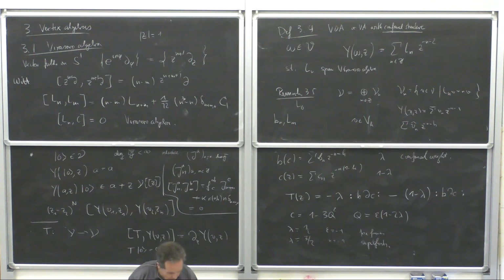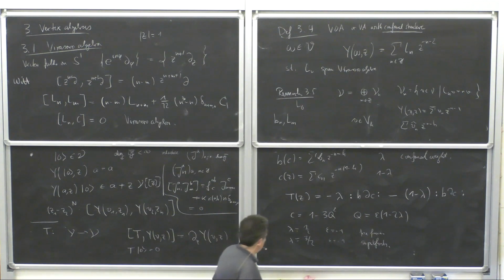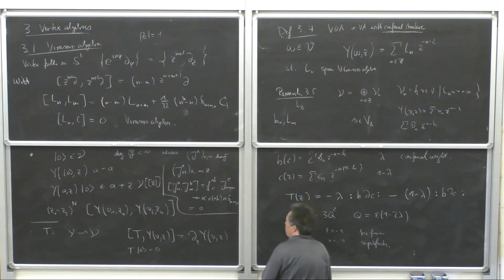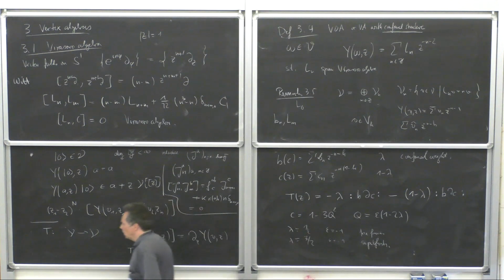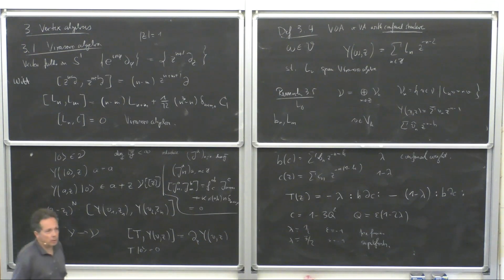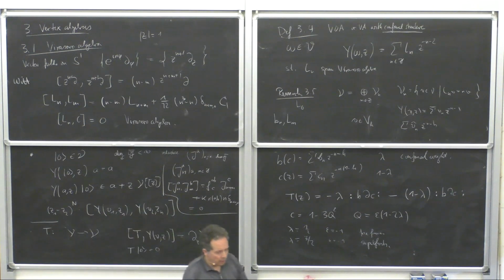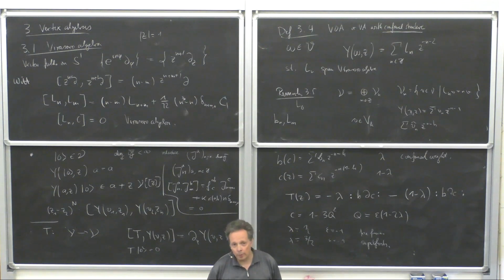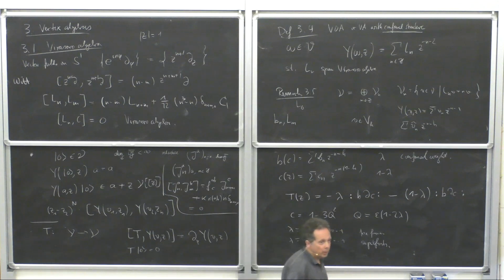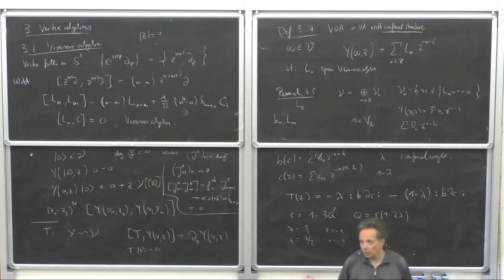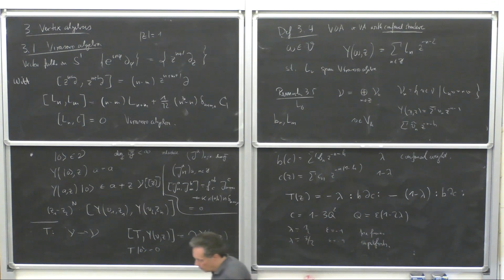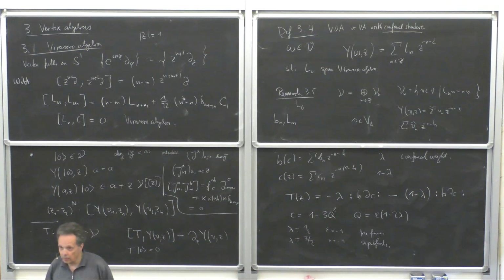Maybe before I explain this, I should say a word of warning. It's a dirty secret in Lie theory that Lie algebras have way too many representations. Already if you look at representations of SL2, they are not classified by spin 0, 1/2, and so on, right?